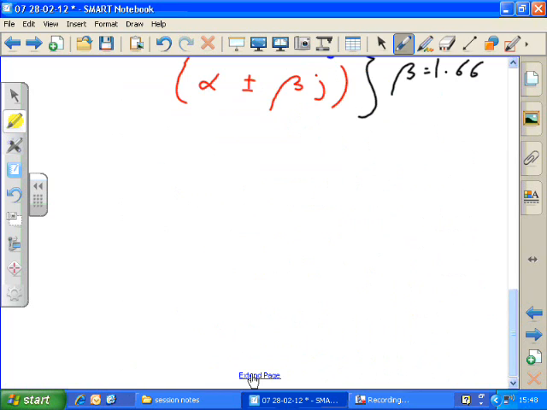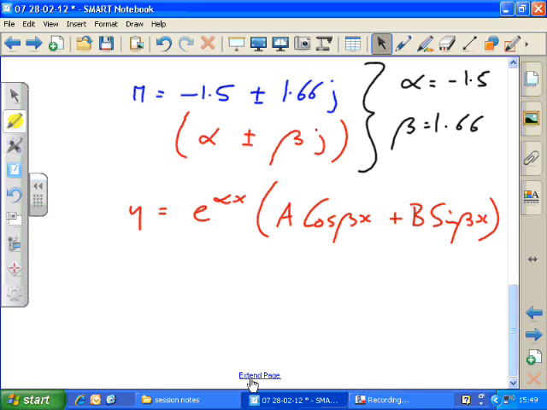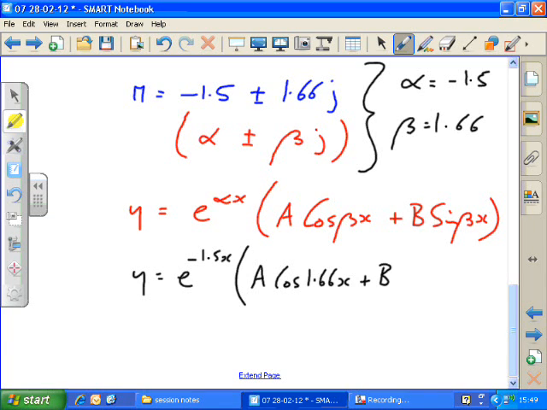So the solution has the form y equals e to the alpha x, a cos beta x plus b sine beta x. So putting our values in, for this particular case, y equals e to the minus 1.5x brackets a cos 1.66x plus b sine 1.66x.